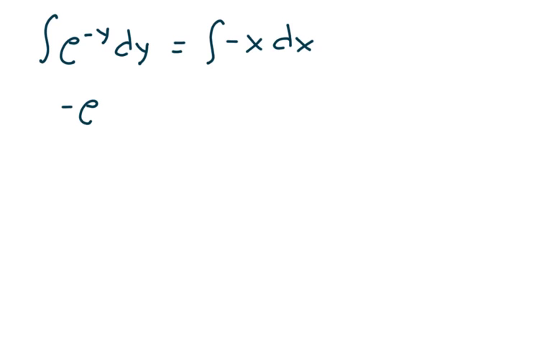So negative e^(-y), right? That's the function whose derivative is e^(-y), and you could use the chain rule to check that. Now, on the other side, the function whose derivative is negative x is negative 1/2 x squared. And remember, we have to add our constant of integration.